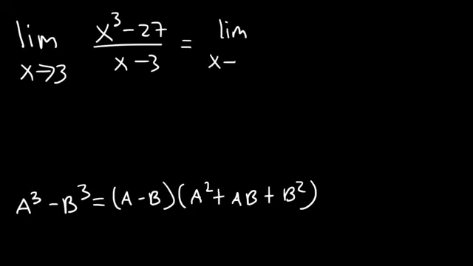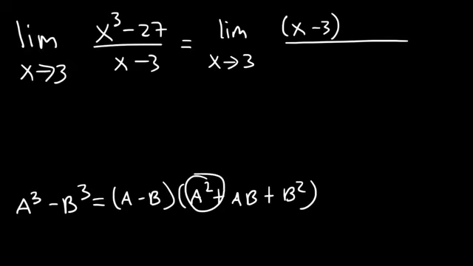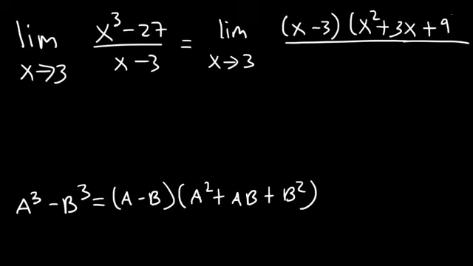So a is the cube root of x cubed, which is x, and b is the cube root of 27, which is 3. So this is going to be x minus 3, and then a squared, that's x squared, plus ab, that's 3 times x, plus b squared, or 3 squared, which is 9. Now we can cancel the factor x minus 3.